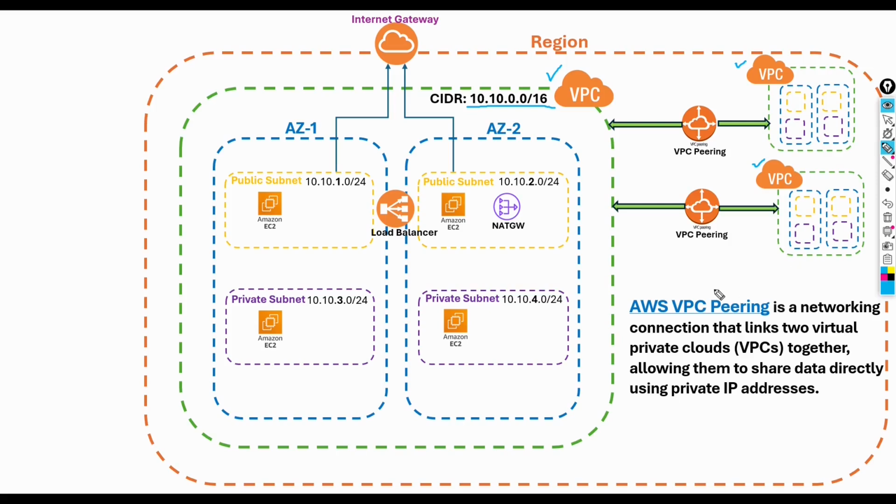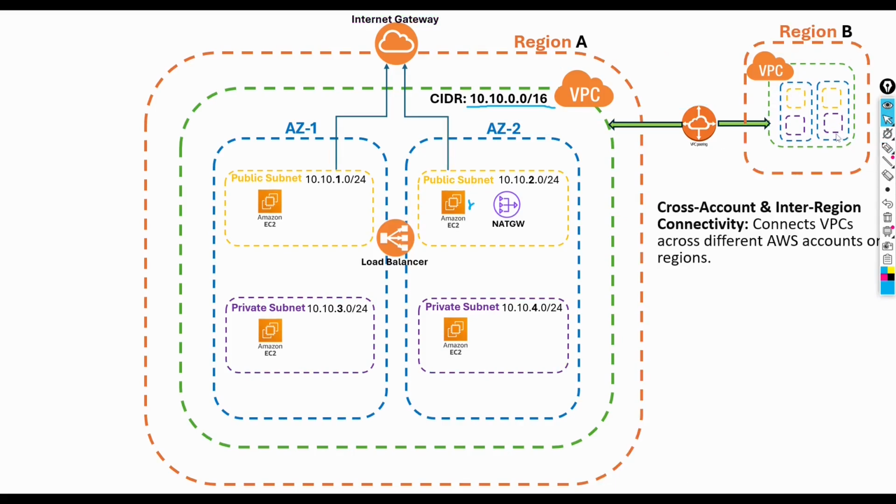Let's say we need to enable communication from one of the resources in this VPC to this VPC server, then it is possible with VPC peering. Okay, so VPC peering is the networking connection that links two virtual private clouds together.